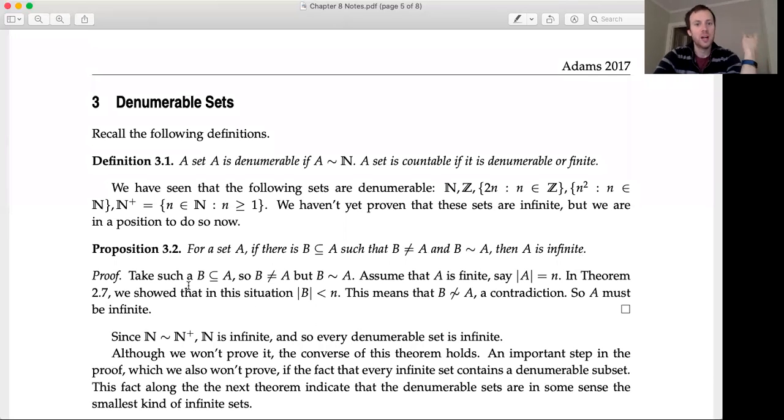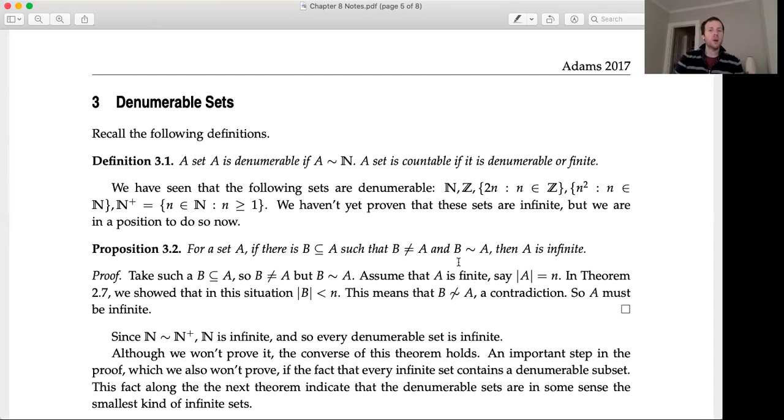So the proof uses some facts we've talked about, but at least the structure is a proof by contradiction. So assume we have an A, we have a B, which is a subset, not the whole thing, but equinumerous to it. And then for a contradiction, well, we want to prove A is infinite, assume that it's not, so assume it's finite.